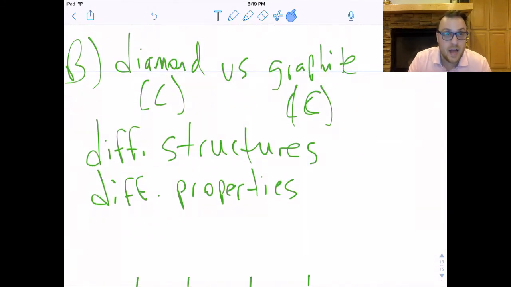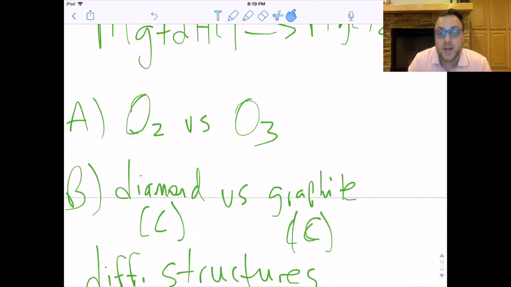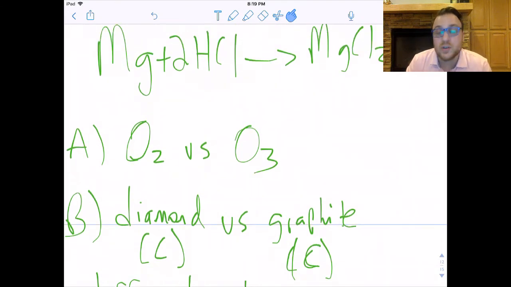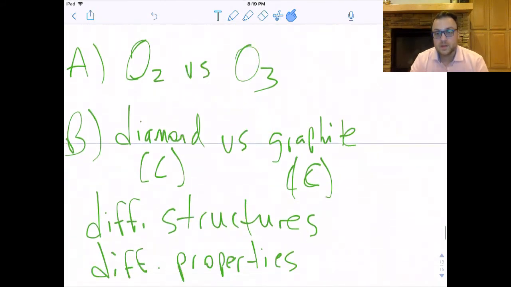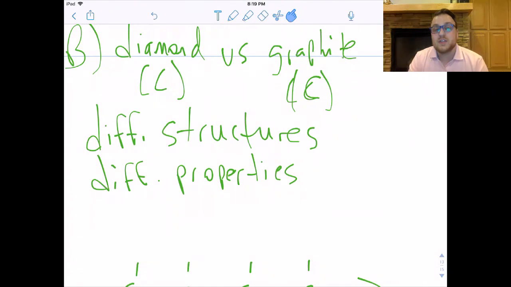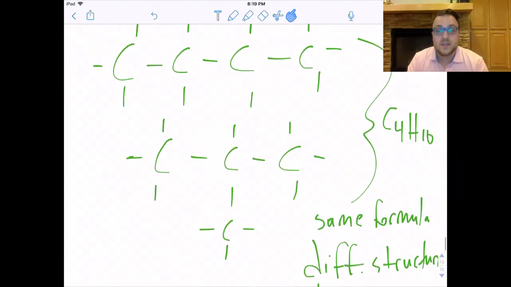O2 is what you breathe. O3 is the ozone layer. Totally different things. Different structures, different properties.